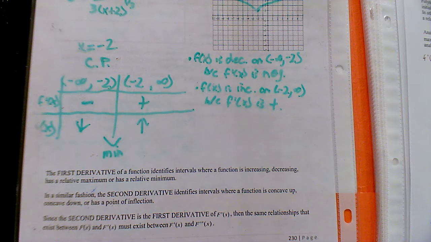Now, based on the problem from the front side, what do you think are the last 2 bullet points we're going to talk about? All right, so somebody tell me, what are we going to say about the max, or what are we going to say about the min? F of x has a min at x equals -2 because f prime of x changes from negative to positive. Exactly.